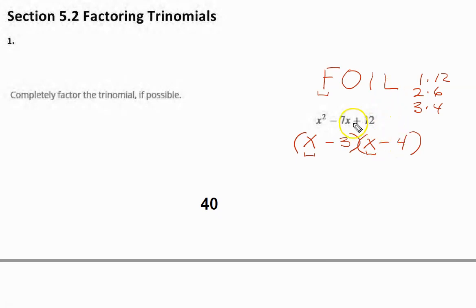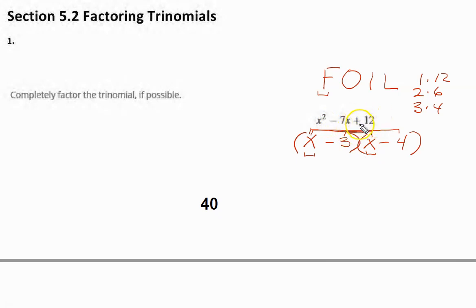Now, this is trial. We're going to FOIL it. So first, x squared. Yes, that checks. Now my outers are a -4, keeping track of that mentally. My inners are a -3. Add them together, I got a -7.